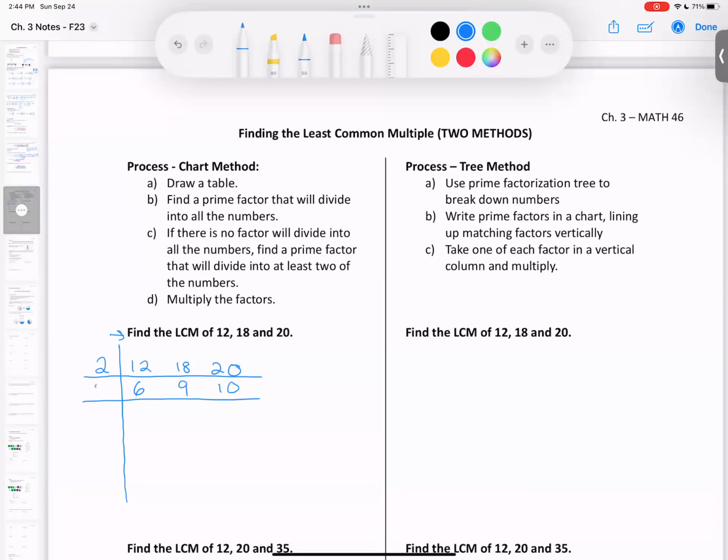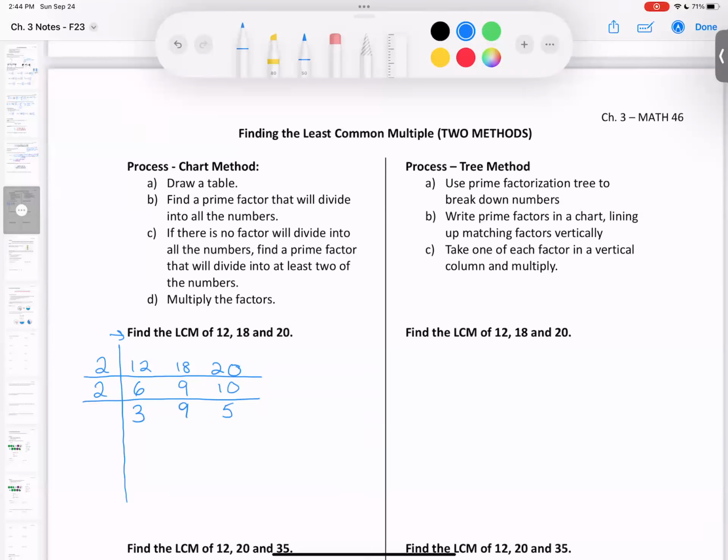And so here that is 2. I can divide the 6 and the 10 by 2. 6 divided by 2 gives me 3. 10 divided by 2 gives me 5. The 9 is not divisible by 2, so it kind of gets a free pass. It just gets to come down here and hang out.